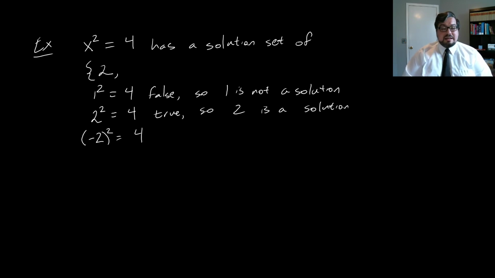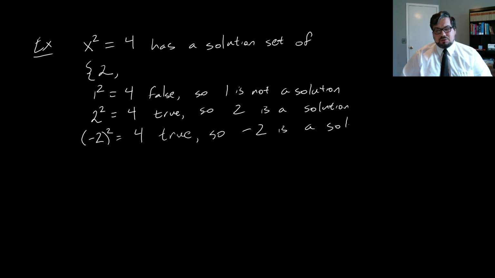Now, this is true. This is true because the left-hand side of this equation is negative 2 times negative 2, and the product of two negative numbers is a positive number. So negative 2 times negative 2 will equal positive 4, which means that this equation is a true statement, and so negative 2 is also a solution.